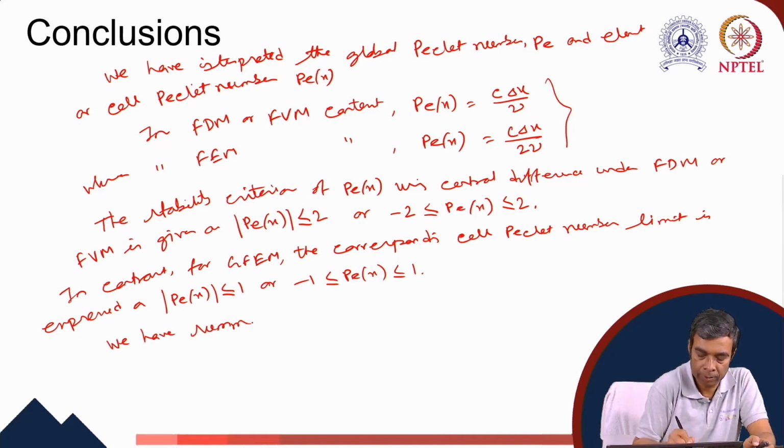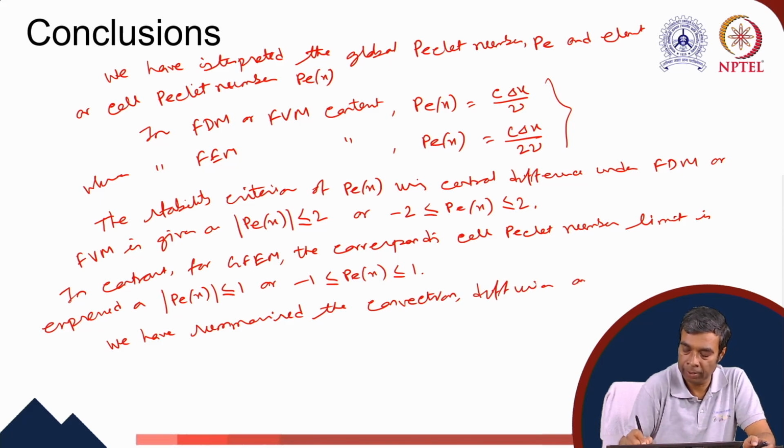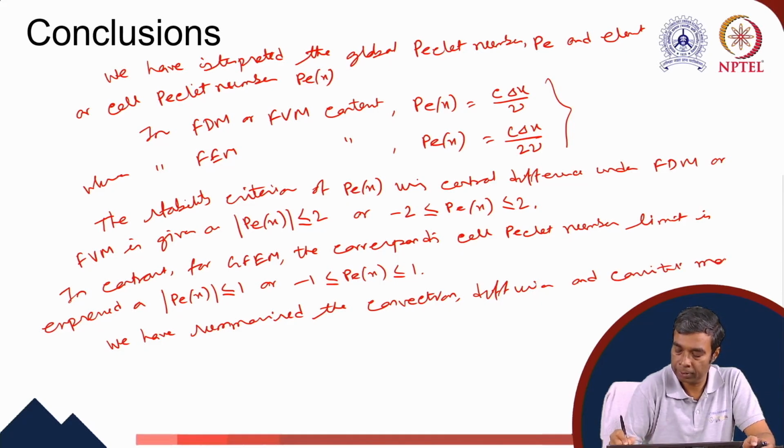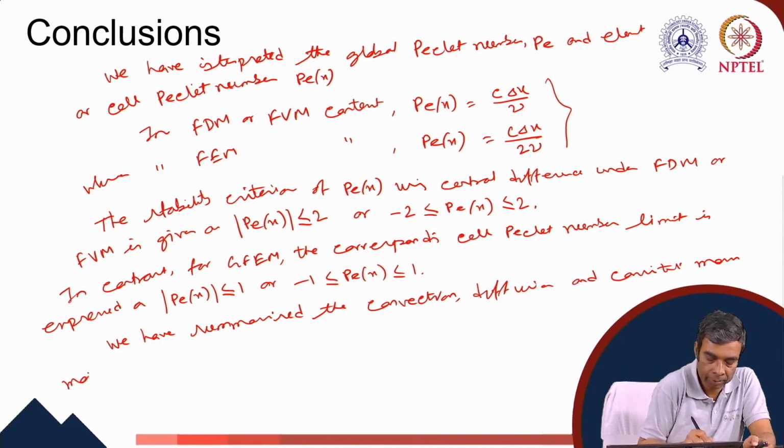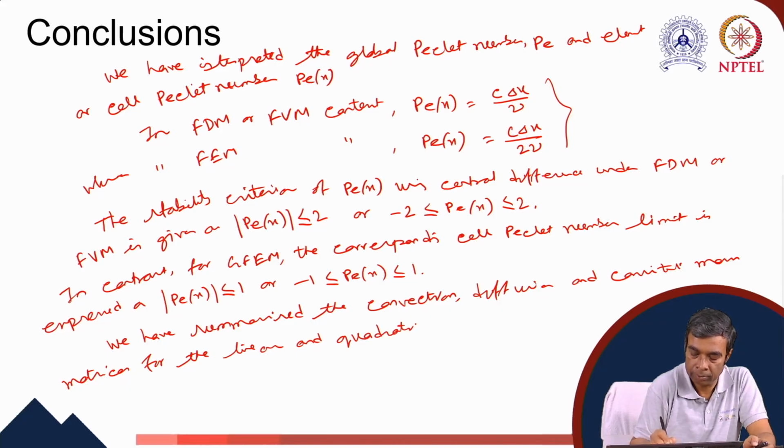Subsequently, we have summarized the convection, diffusion and consistent mass matrices for the linear and quadratic bar elements.